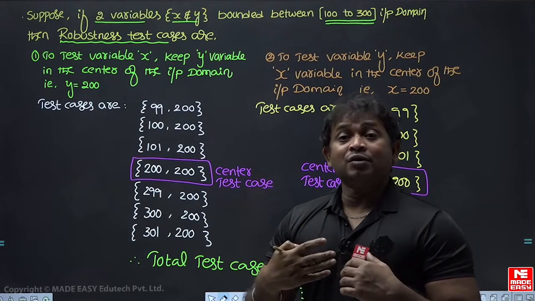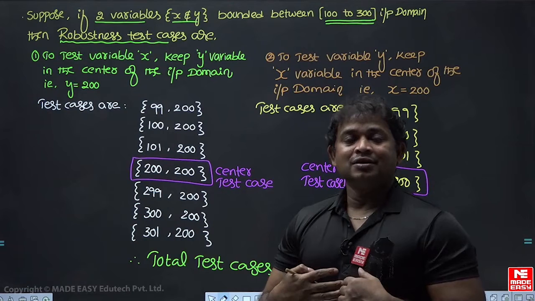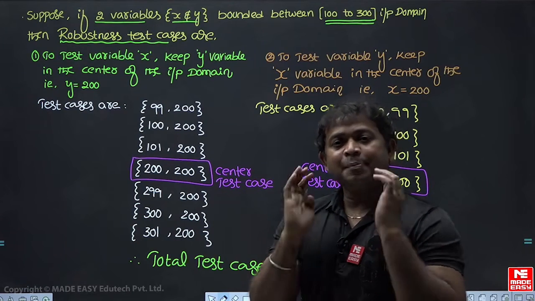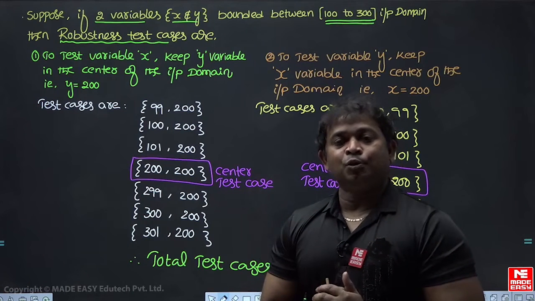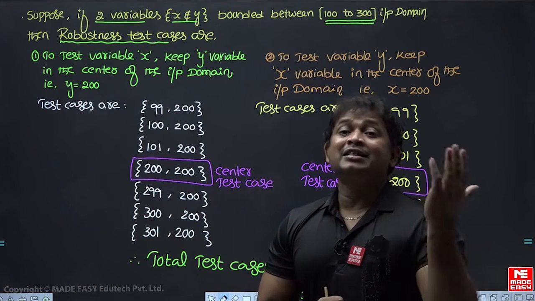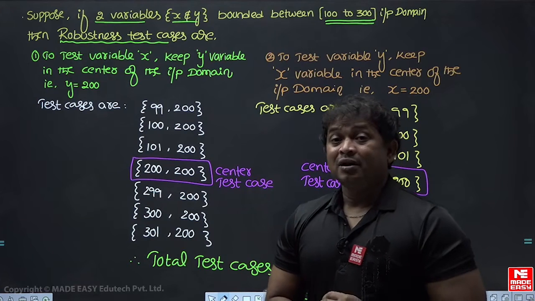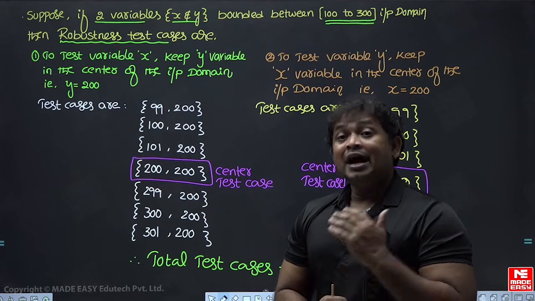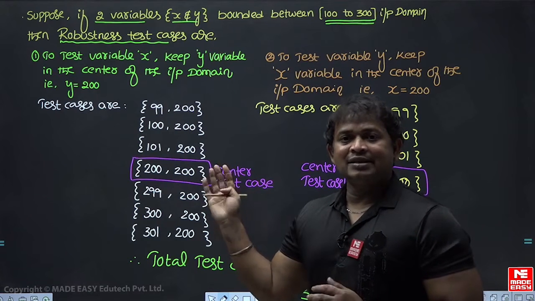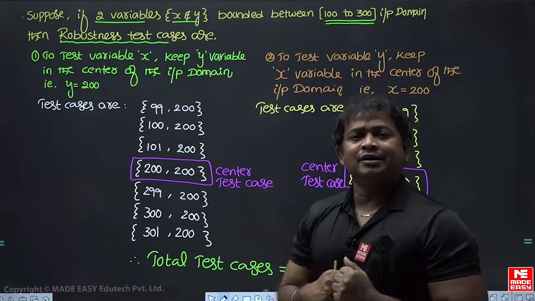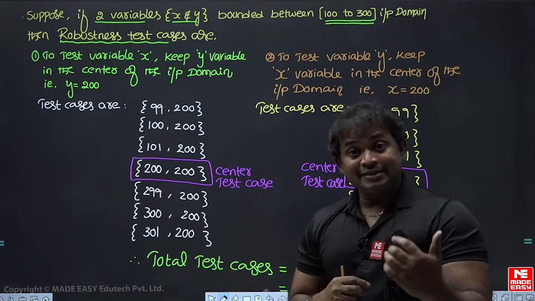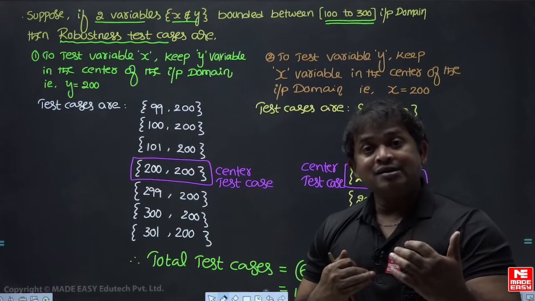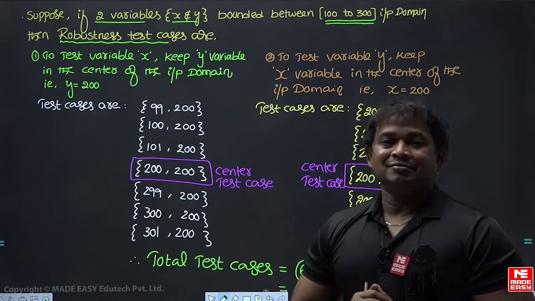Now when you want to conduct robustness testing where the program contains 2 variables, keep one variable in the center of the input domain to test the other variable. In this example, I took 2 variables x and y. When I want to test x, keep y in the center. When I want to test y, keep x in the center.